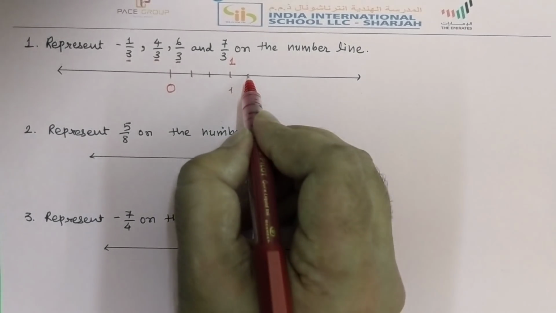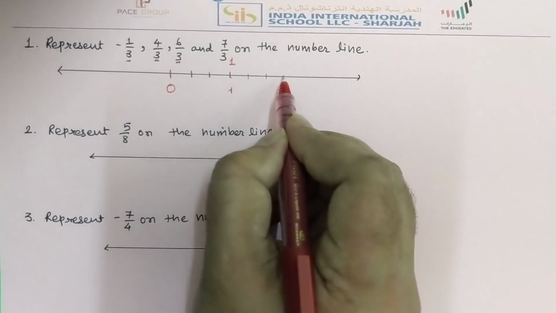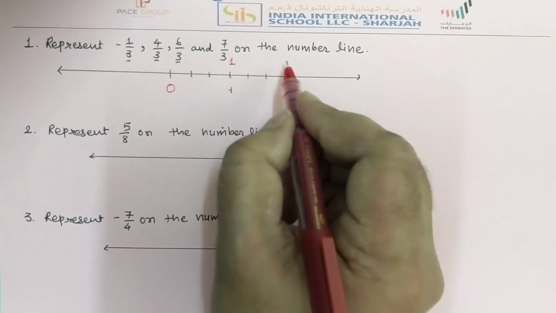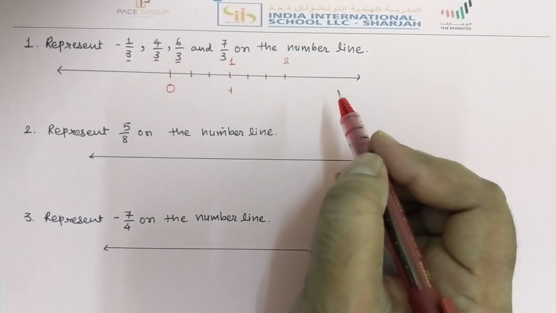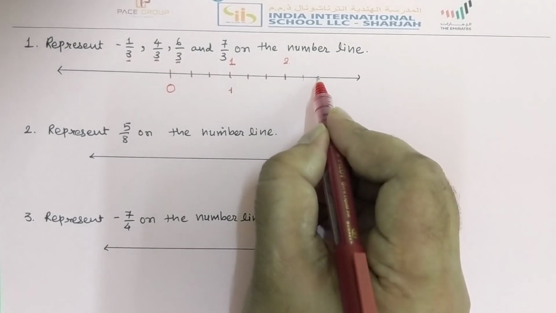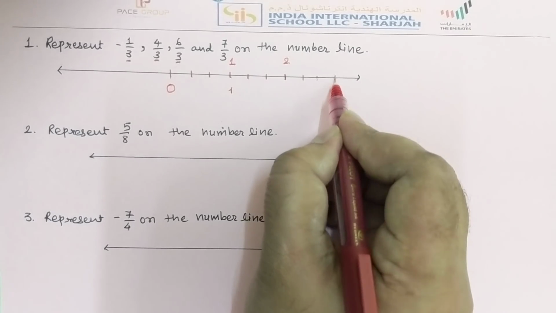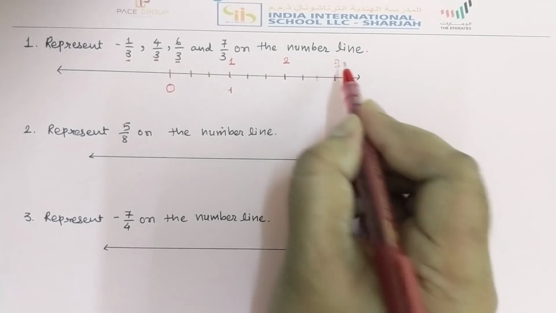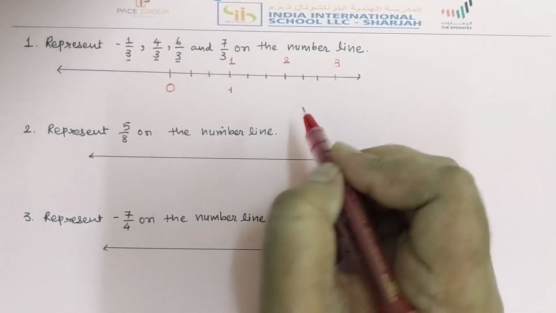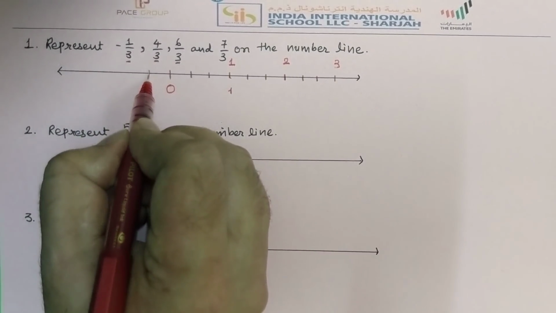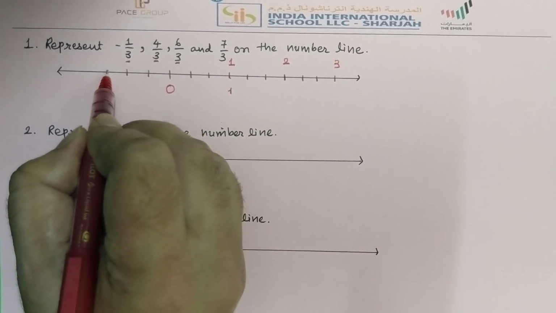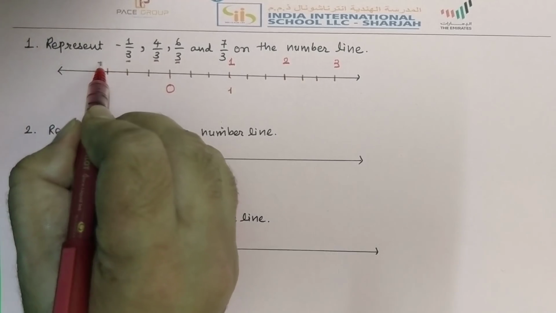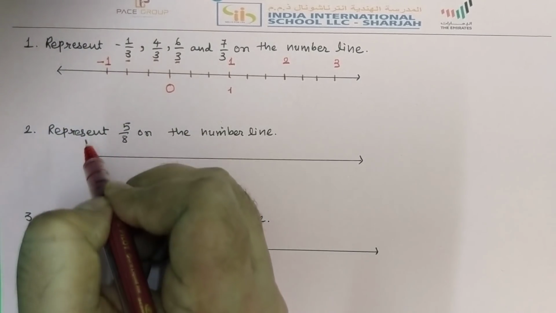Again one part, two parts, and the third part, I'll write 2 over here, and again three parts, I will write 3 over here. Same on the negative side, one part, two parts, and the third part, I will write minus 1 over here.